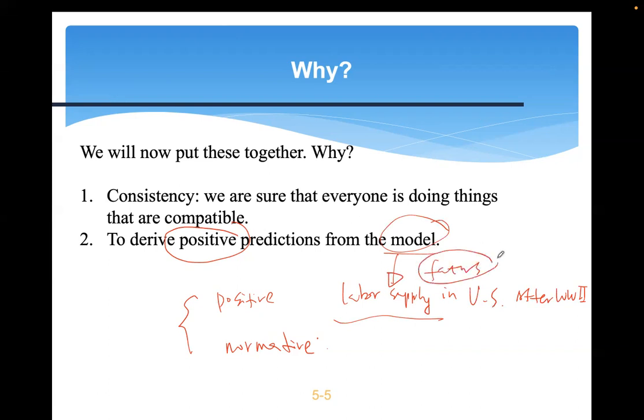In other words, positive is about using the model to explain something we observe in the data. This is positive.